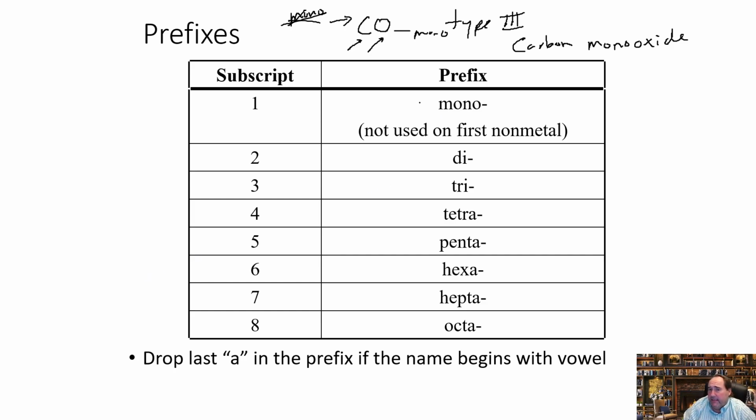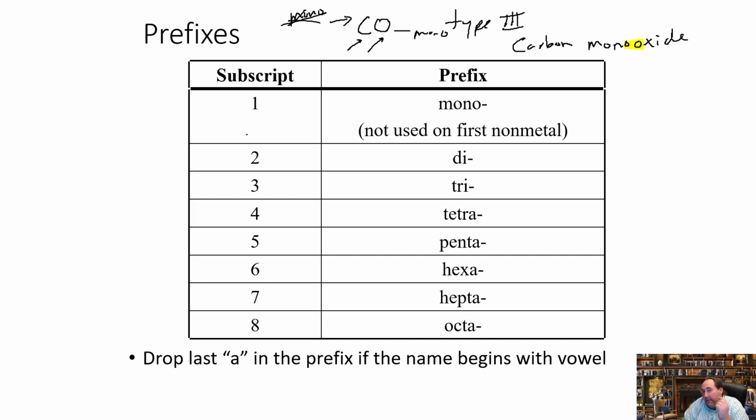Now, another consideration that happens, and as you can see here in this example, is that when you use a prefix, the last vowel of the prefix and the vowel of the element name back up to each other. So we got 2 O's in this case, and we have maybe a case where we have an A and an O that happens.